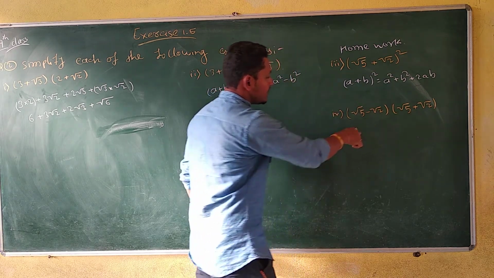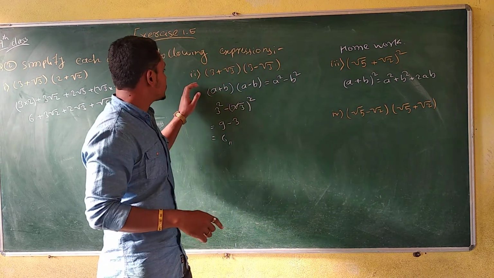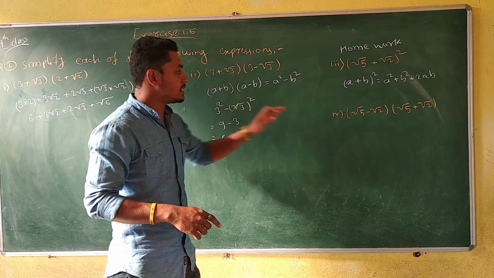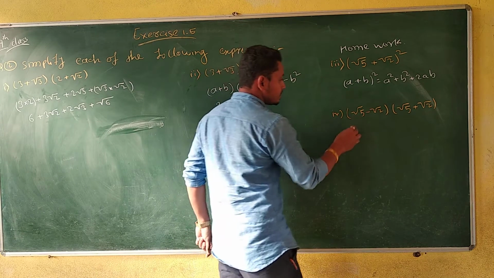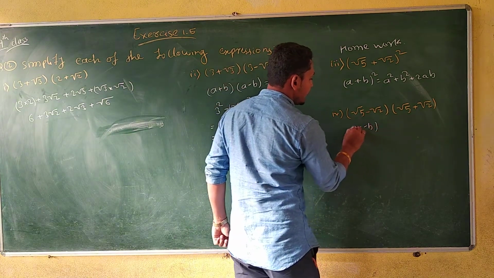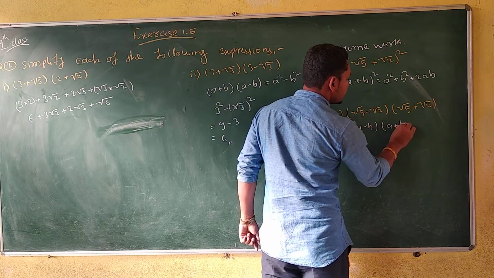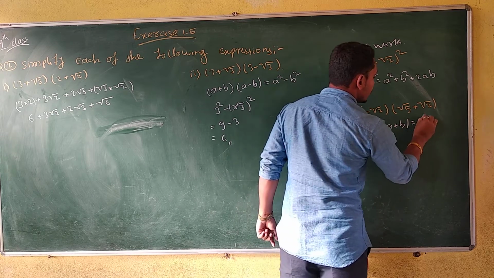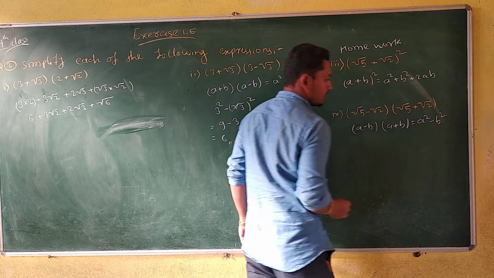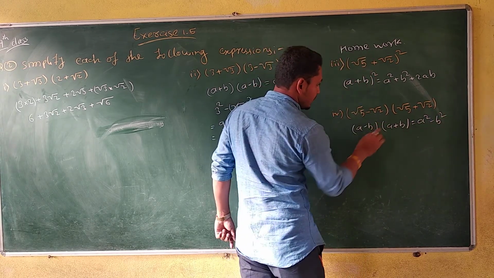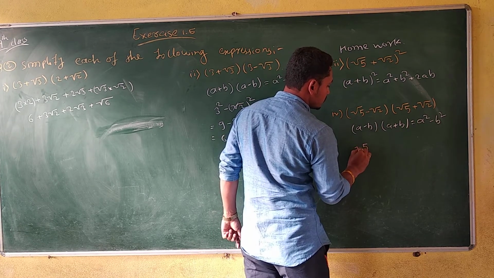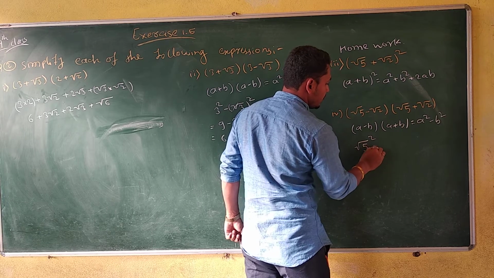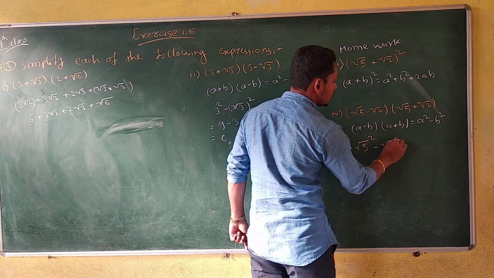See here, this is similar to question number 2, exactly similar. Why? This is a minus b into a plus b is equal to a square minus b square. So see here, square root of 5 whole square minus square root of 2 whole square.